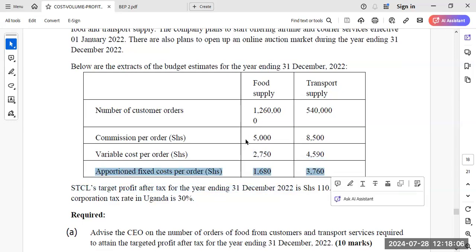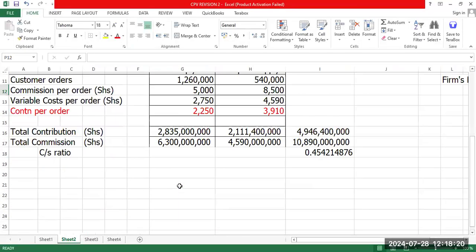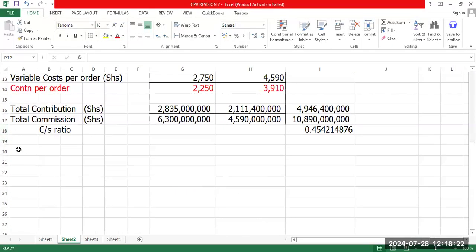Yes, it is not direct. So we can first get our fixed costs. Below the table, maybe you can add another row. You were given apportioned fixed costs per order.